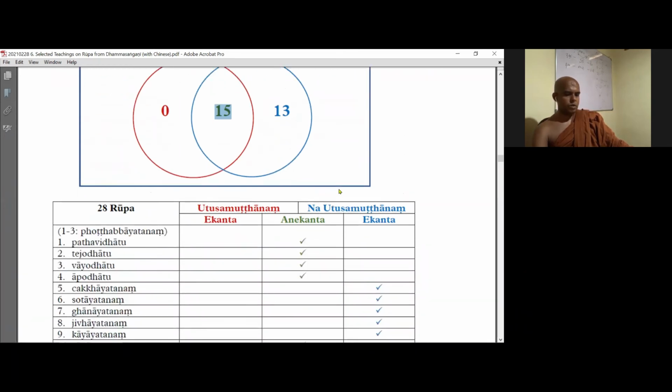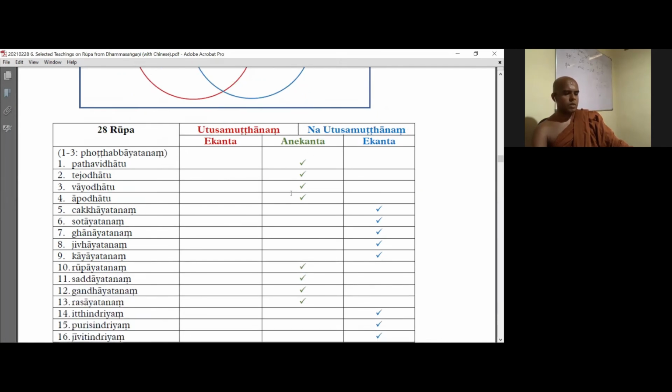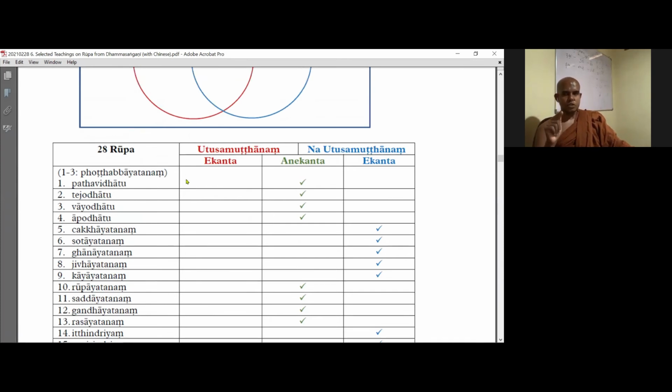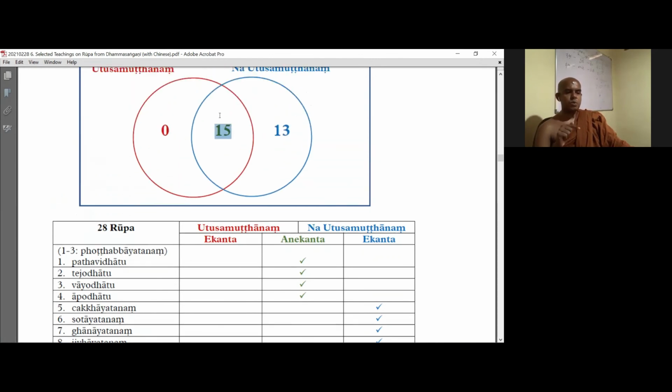Because before we studied the 14 Ahara-born nutriment-born kalapa, but here there are 15 temperature-born rupa.